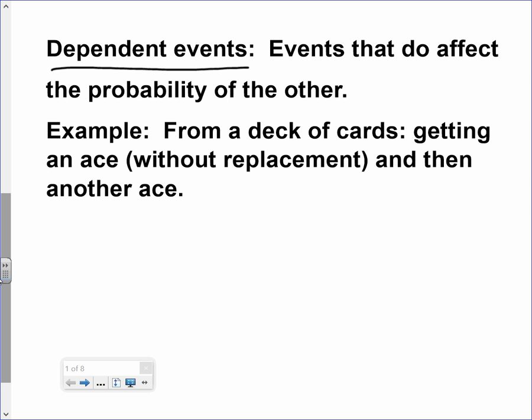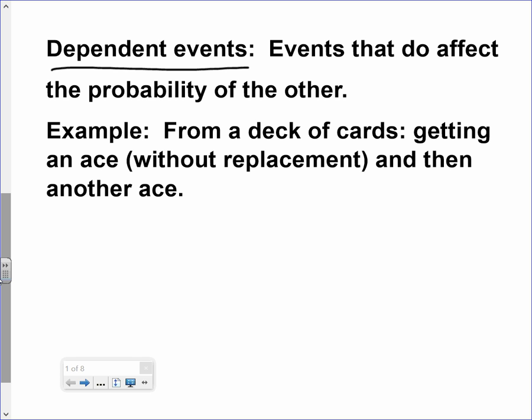Say that one more time. The second time the dealer gives me a card, not only has the sample space been reduced from 52 cards to 51, but the amount of aces has gone from 4 to 3. Notice that.